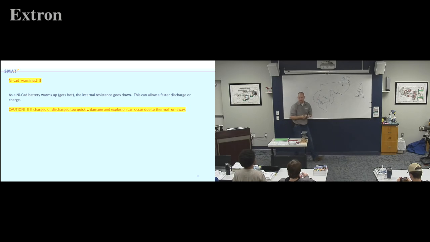The problem is with a light bulb, with a heater, as the temperature of that bad boy changes, our resistance actually changes. So on your little mock-up boards, if you measure a light bulb and get the resistance of it when it's cold, that's often not going to be the same resistance of what the light bulb is when it's hot. Because when it changes temperature, the resistance changes.